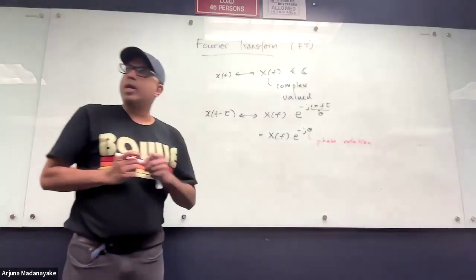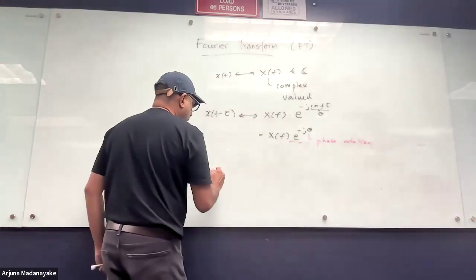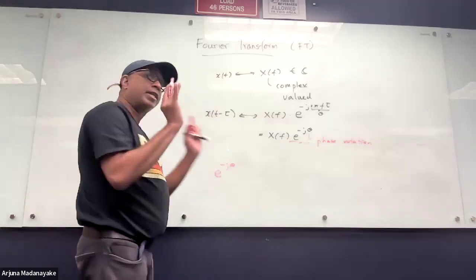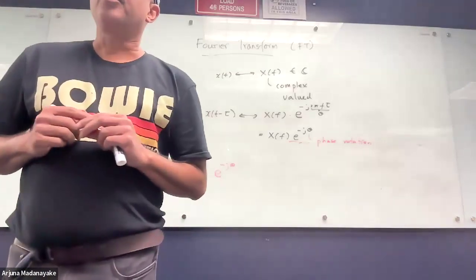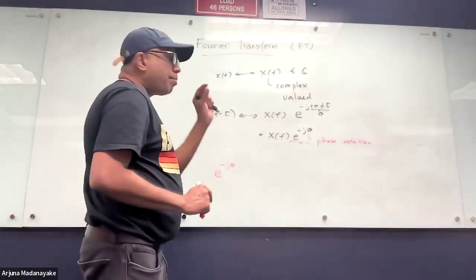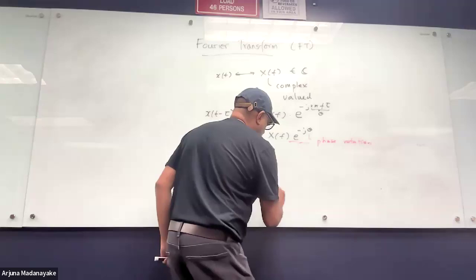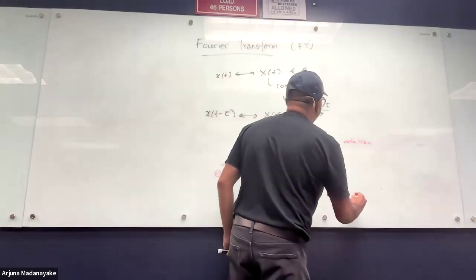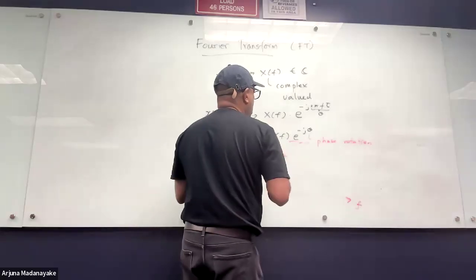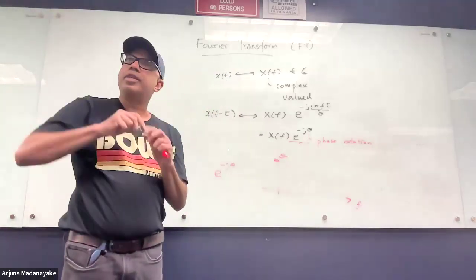Why is it a phase rotation? Let's look at this function separately. If I take this part out, e to the minus j theta, remember this is a complex function of theta, and theta is simply 2 pi f tau. If I keep tau constant and plot against f, when I increase f, theta increases.